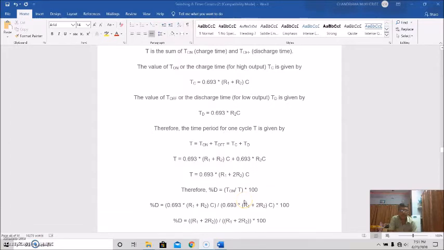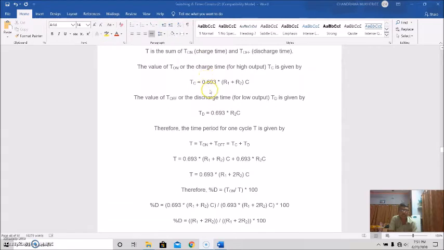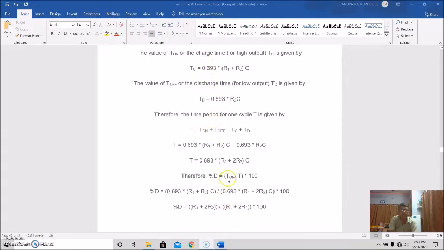Okay. So the percentage duty cycle, how much will it be? That is turn on by time period multiplied by 100.